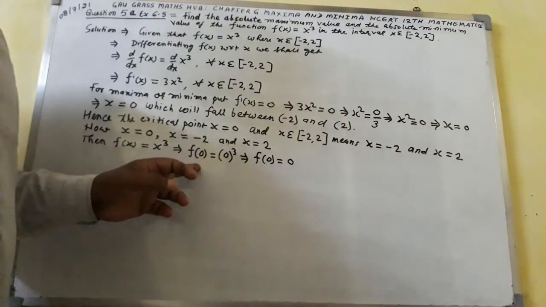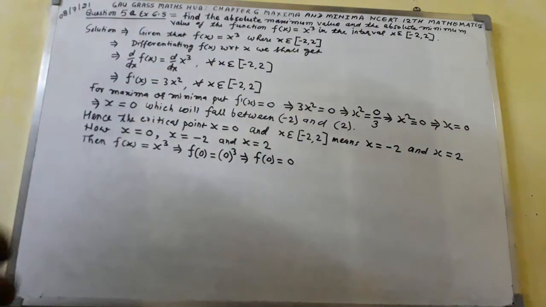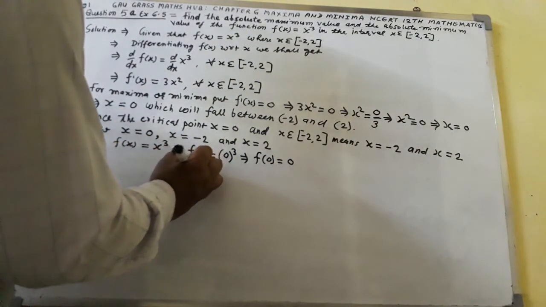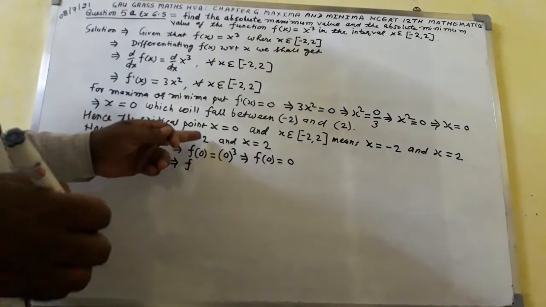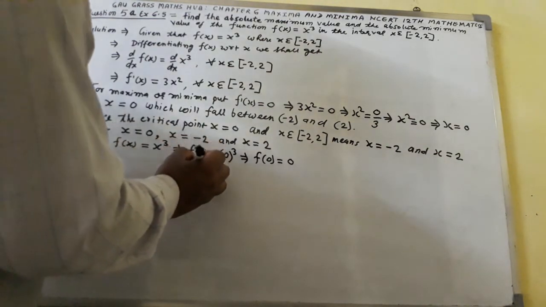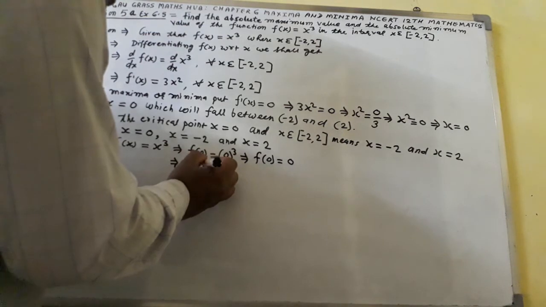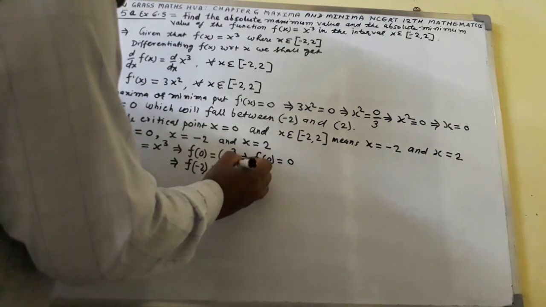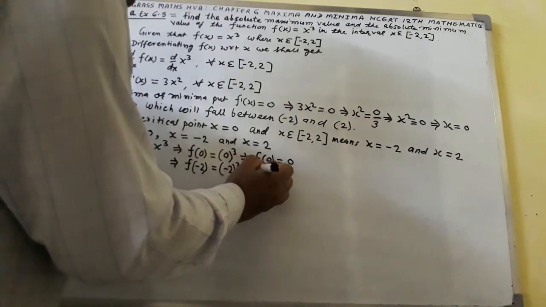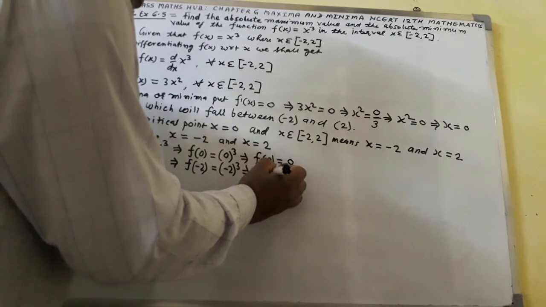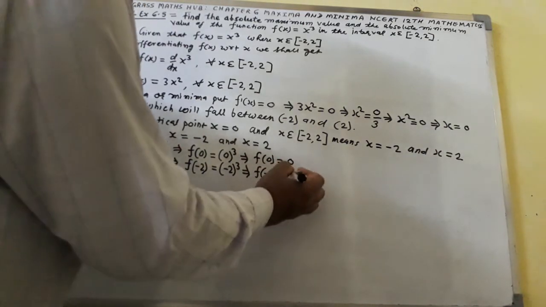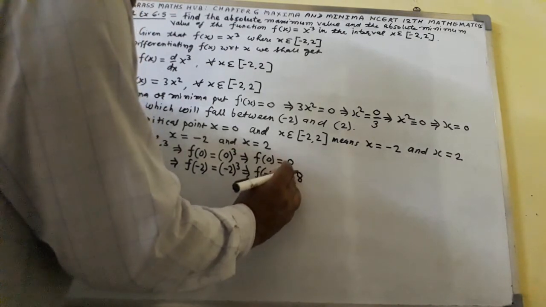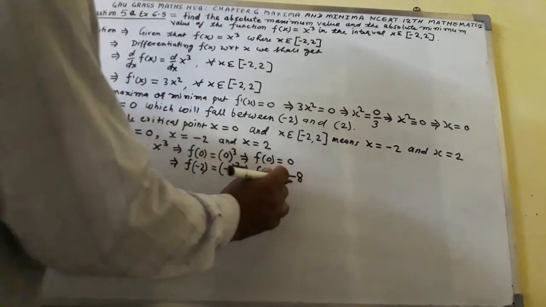Again I shall write, implies that f of, if I take the value of x equal to minus 2, so here write minus 2, you will get here minus 2 whole cube, implies that f of minus 2 is equal to minus 8.